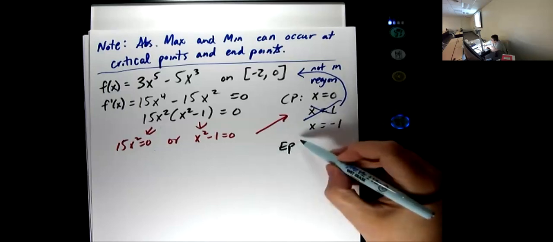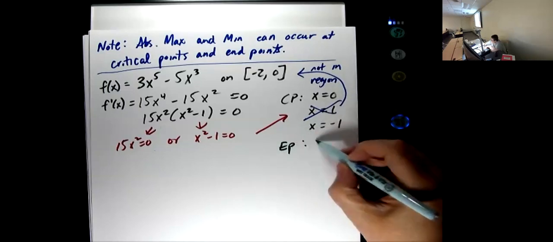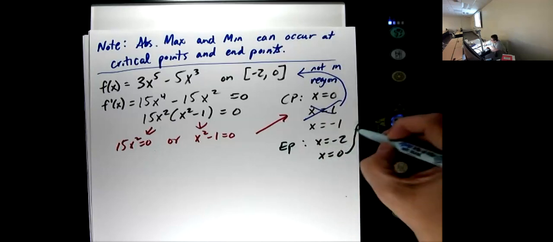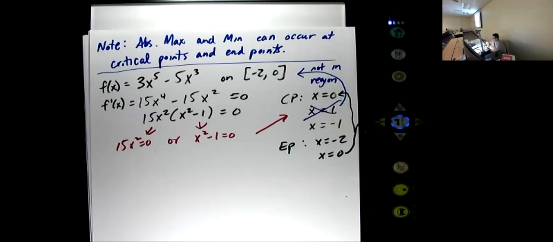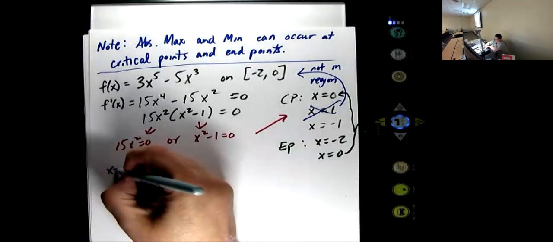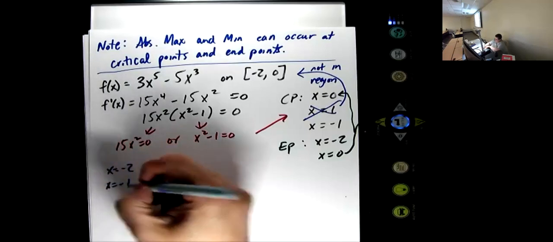Our endpoints are x equals -2 and x equals 0, but we already have x equals 0 up here, so we don't need to list it twice. Putting them in order, x equals -2, x equals -1, and x equals 0.